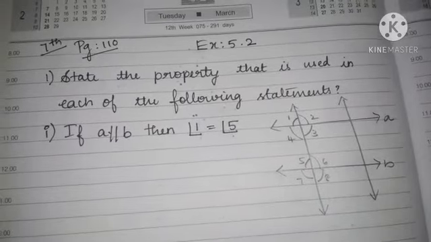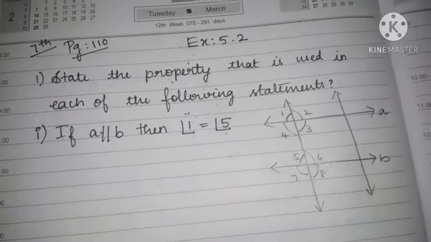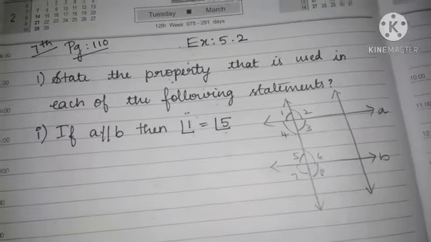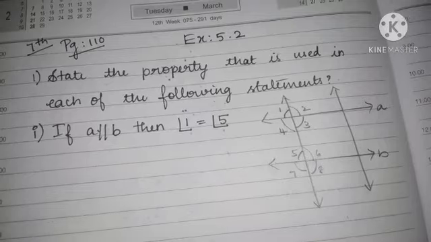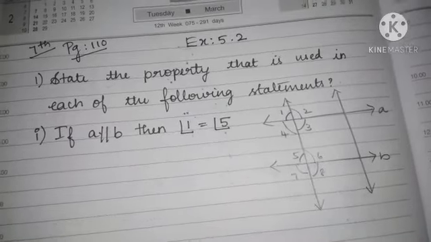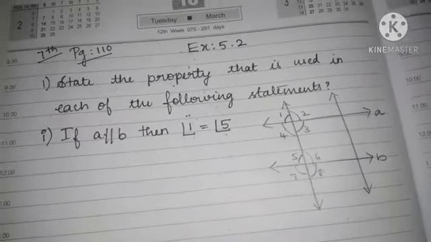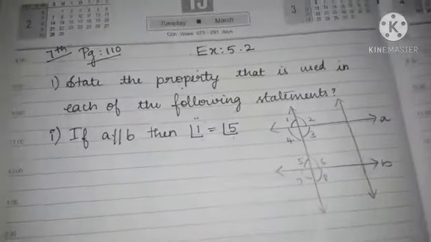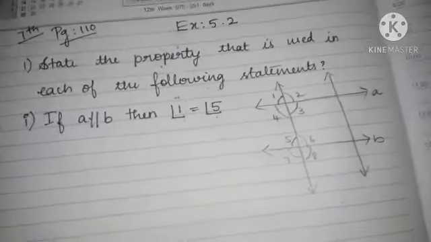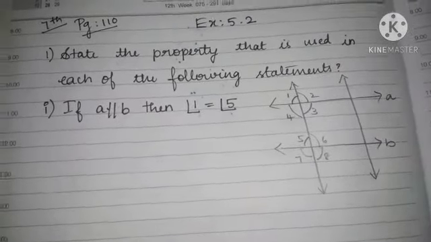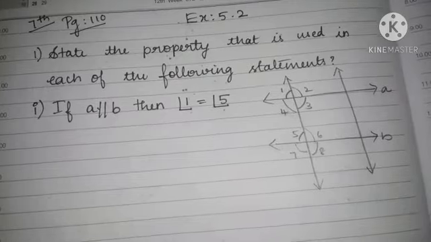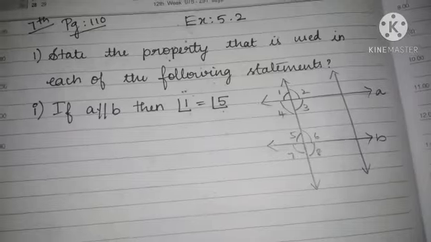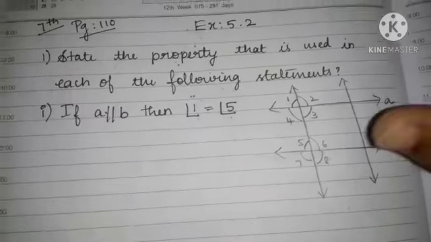In the last class, we learned about transversal lines, parallel lines, intersecting lines, right? When there are two parallel lines, and one line passes through those parallel lines, that line is called a transversal line. This is what we discussed in our previous class. Now we are going to use that property to deal with the exercise problems.